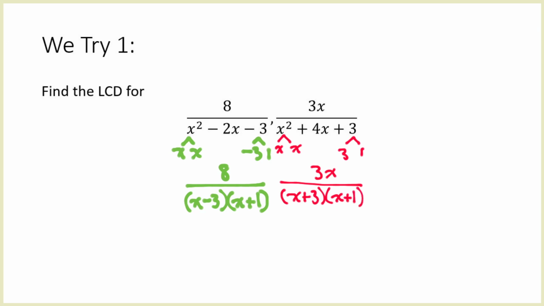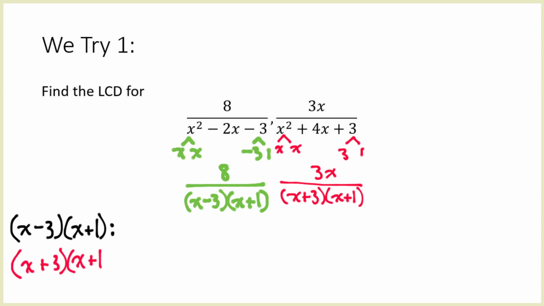Next, I need to make my table. So my table is going to look like this. x minus 3 times x plus 1 is going to have a row. And x plus 3, x plus 1 is going to have a row. Now I just need to line them all up where I can.